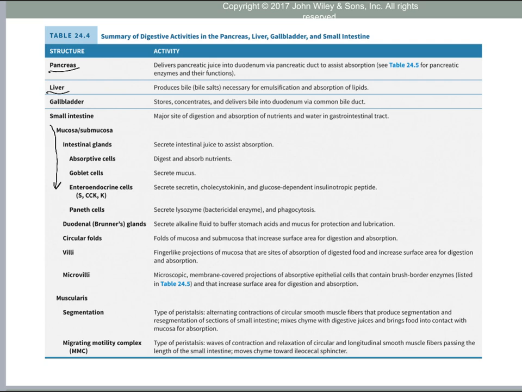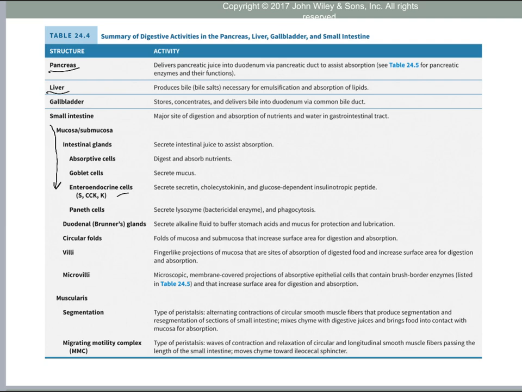The mucosa and the submucosa, we see the intestinal glands. They're secreting intestinal juice to assist in absorption. Absorptive cells doing exactly what their name implies, digesting and absorbing nutrients. Goblet cells, refer back to A&P 1, modifications of epithelium, where we're secreting mucus. Our enteroendocrine cells, we have secretin, cholecystokinin, and GIP.